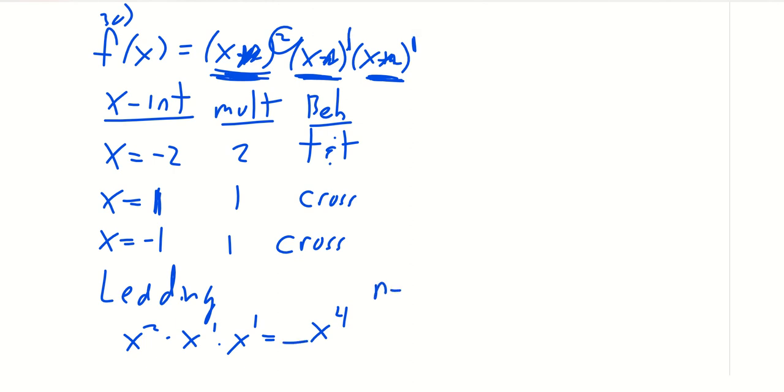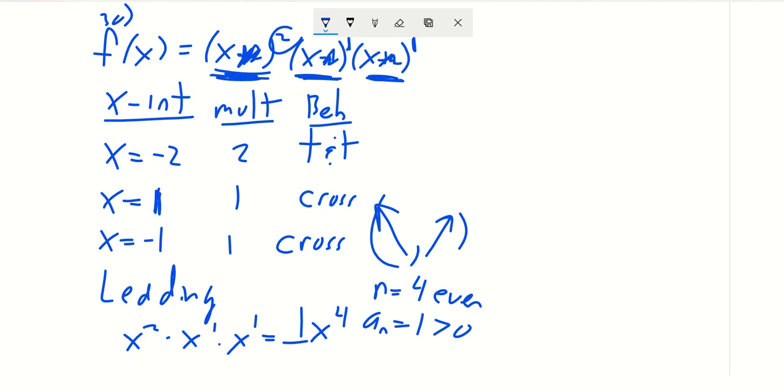That is a term that has an even power and a leading coefficient, which is 1, which is greater than 0. If you have an even power and a positive leading coefficient, that means the end behavior is going to be up and up, meaning it's going to rise to the left, and it's also going to rise to the right.